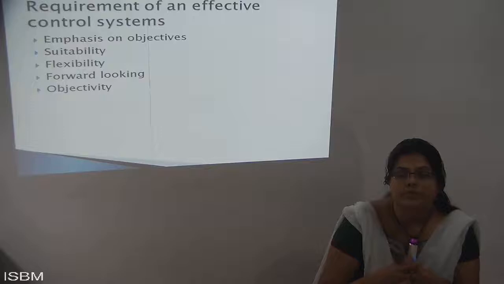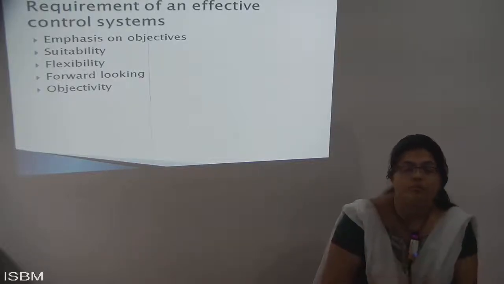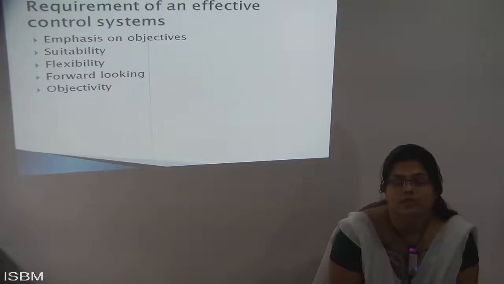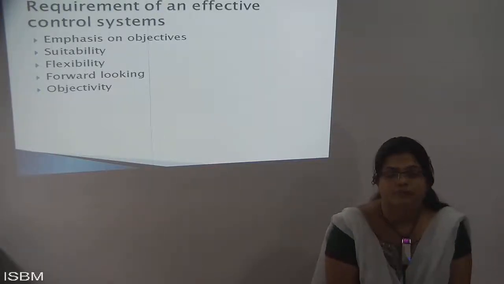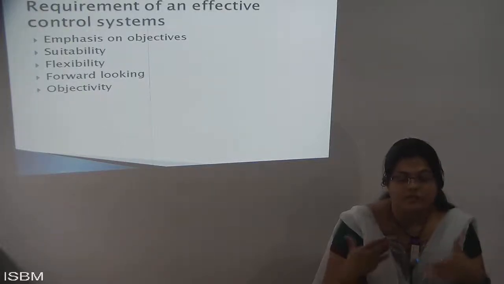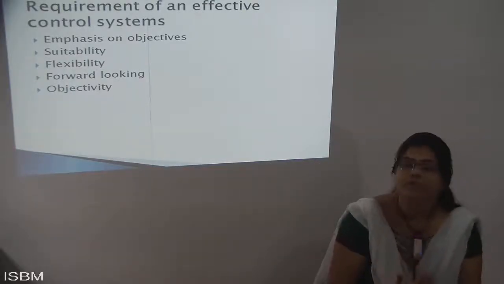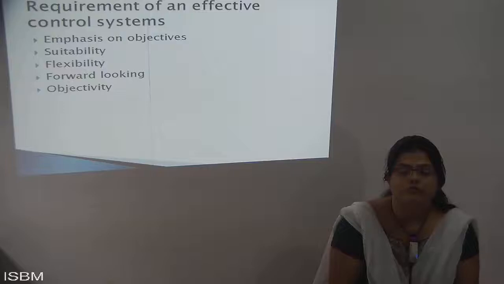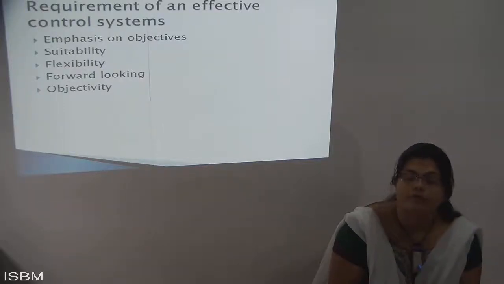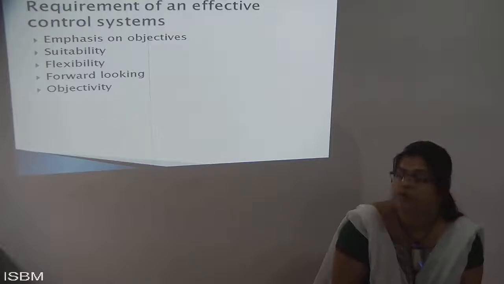That is why it was said previously that whatever work is allotted to each and every person should be clear from my side and clear from your side. If it is flexible, there won't be any barriers. It will be forward looking, not for the past but future oriented.